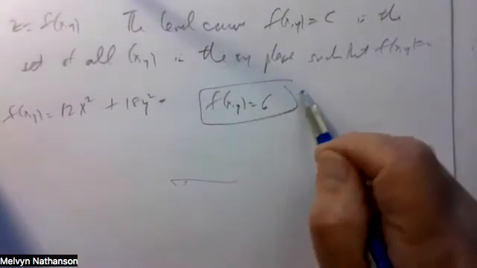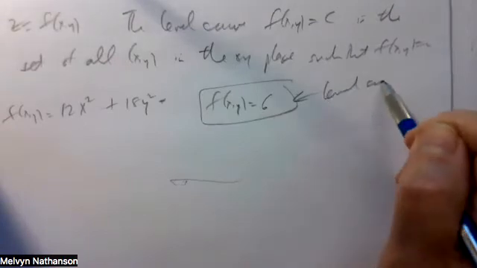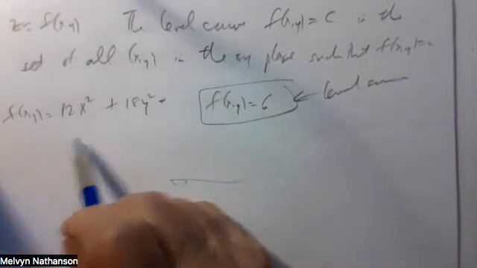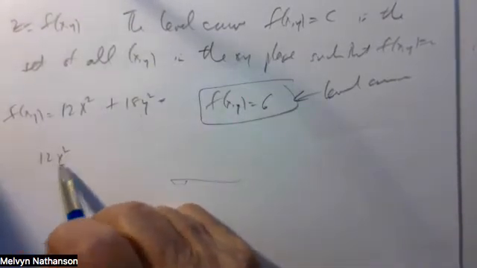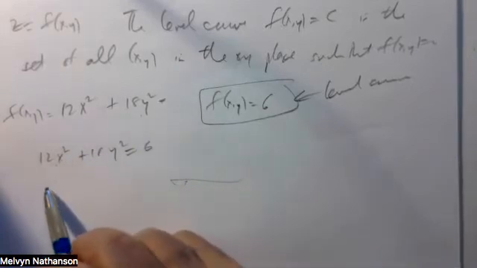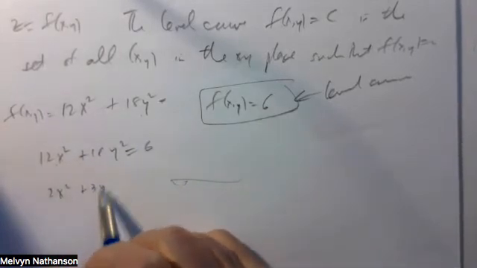That's a level curve. That's all the points where 12x squared plus 18y squared equals 6, or 2x squared plus 3y squared equals 1.